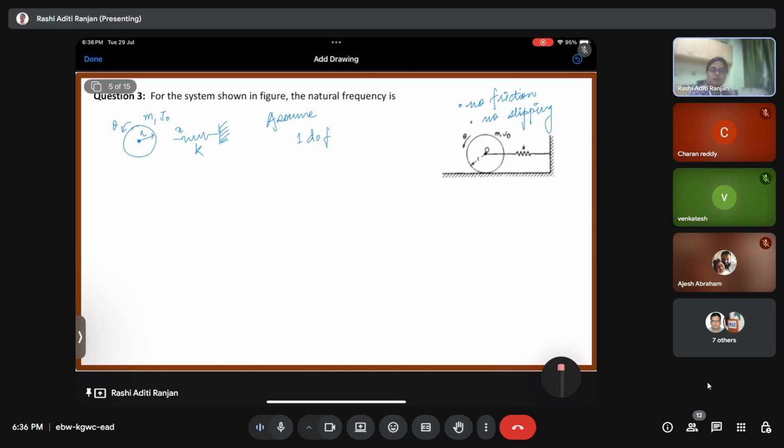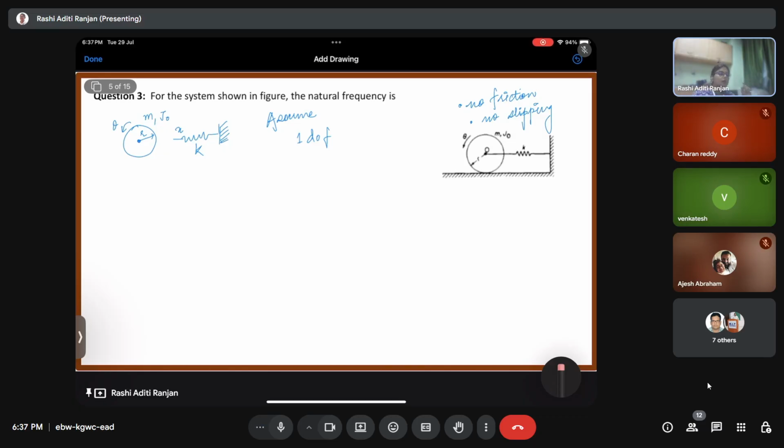As you will study the course more, you'll get to know that with the increase of degrees of freedom, the number of frequencies increases, and yeah, this much is enough as of now. For now, understand that for 1 degree of freedom system, there is going to be only one natural frequency, right? So either I'll have to write the equation in terms of theta, or I'll have to write the equation in terms of x. That is up to me, or that is up to you.